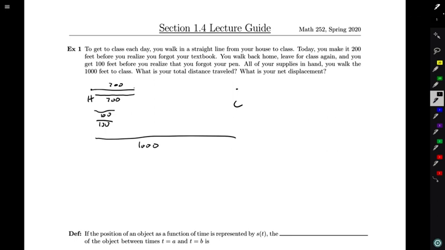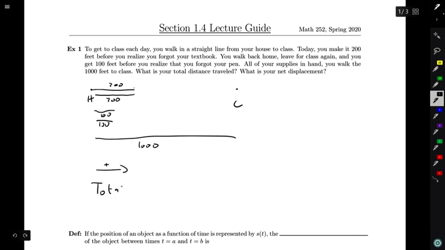So the total distance traveled here includes both the forwards and the backwards direction. If we think of moving to the right as the positive direction, both the travel towards class and the travel away from class counts towards total distance.